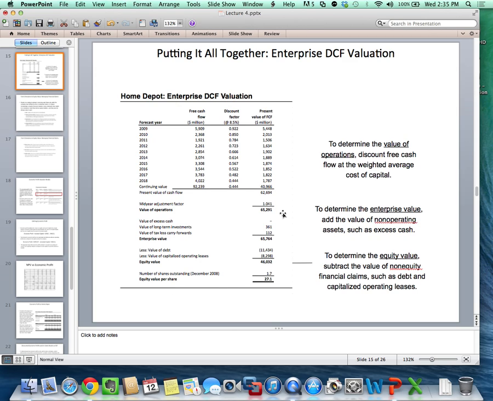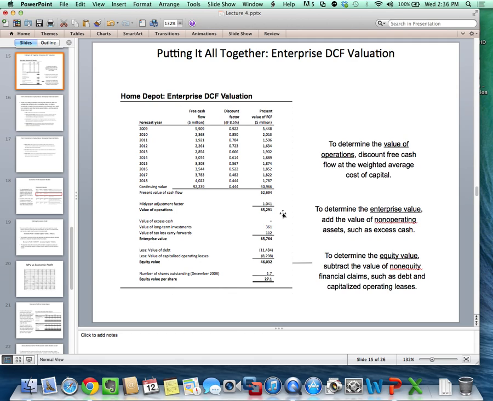Now, here's something else McKinsey does that very few people do elsewhere. And it probably makes sense to do, but very few people do it. And later this semester, we're going to skip this step out of laziness, but it's probably something we should include in a valuation model. And here's the point. The present value is based on a discount rate.